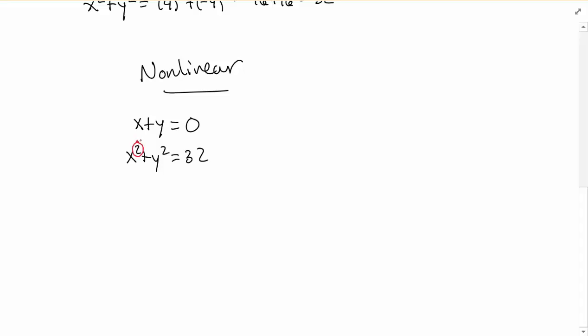So I got a squared here and I got a squared here. Those make it nonlinear. A linear system would look something like 3x plus 4y is equal to 8, and then -x plus 7y is equal to 15. You can see over here that I only have 1s for the exponents, so that would be a linear system. But we're focusing on nonlinear in this section.